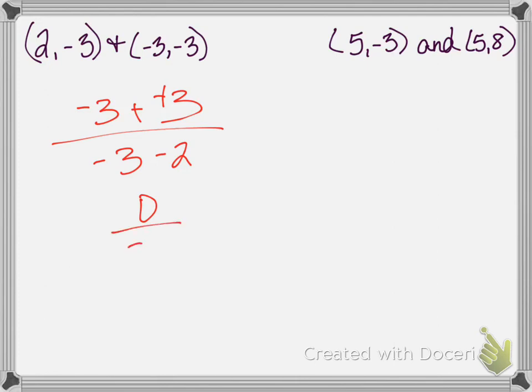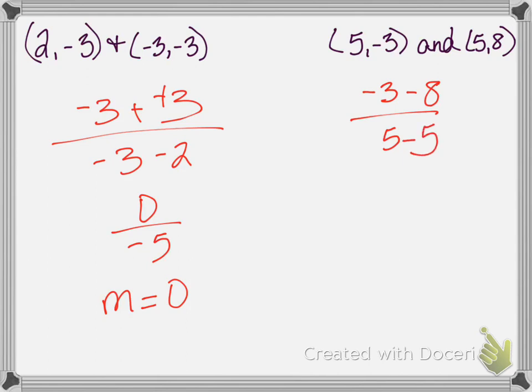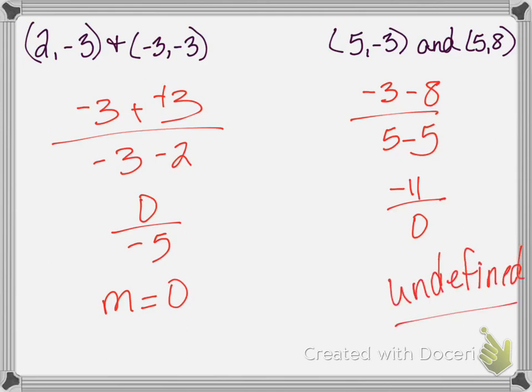So this is going to be 0 over negative 5. What kind of line is this? No slope. Okay? This is a 0 slope. Here, I'm going to get 0 in the denominator. So this one is undefined. This is undefined. Okay?